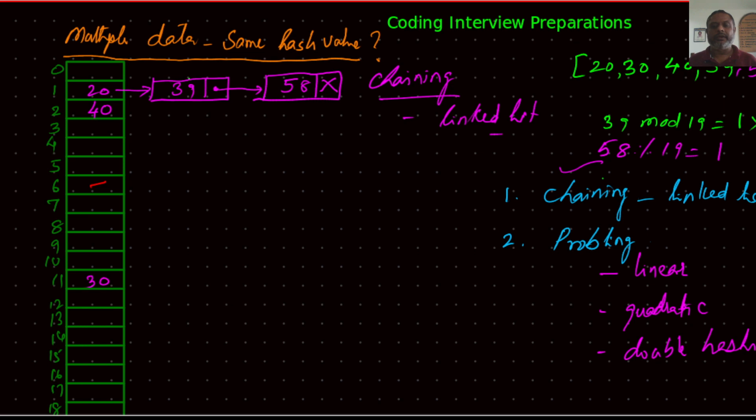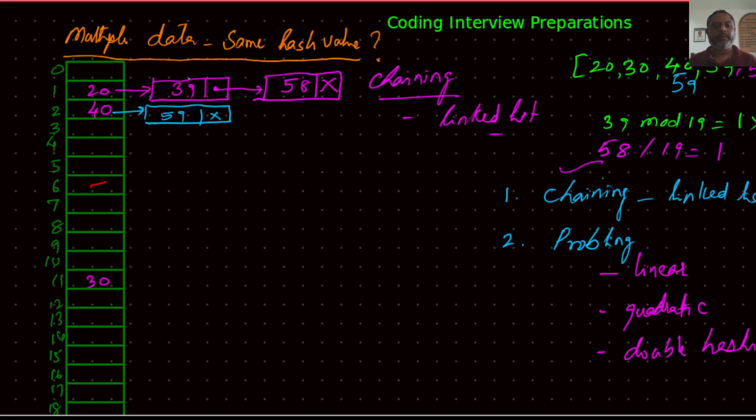If you try to add 59, then 59 mod 19 will give a 2. So that means we need to put this under 40.